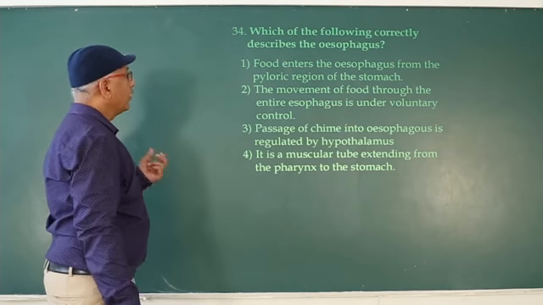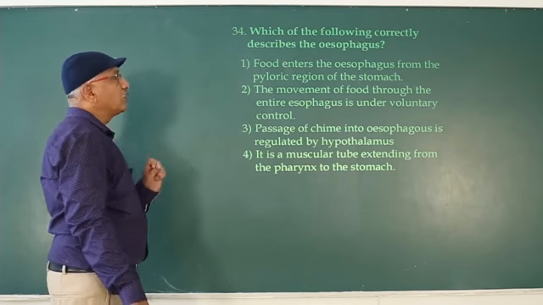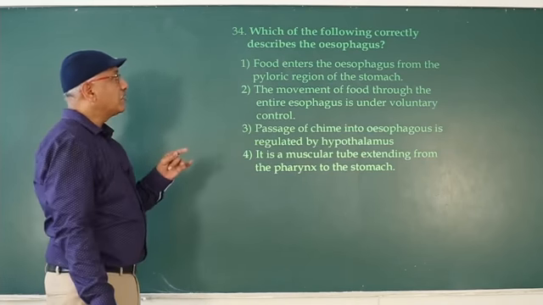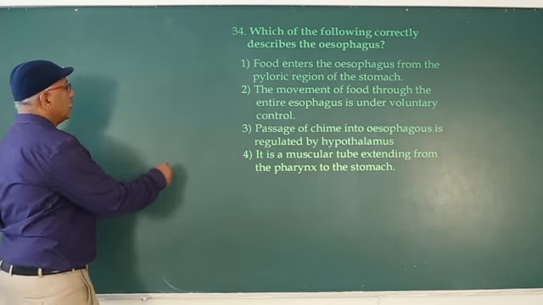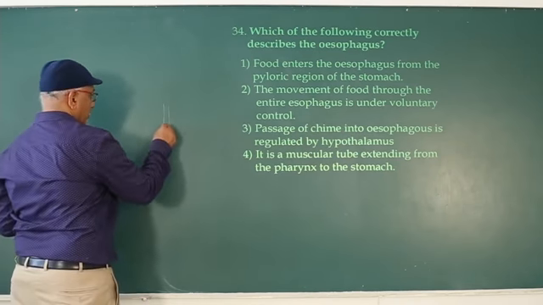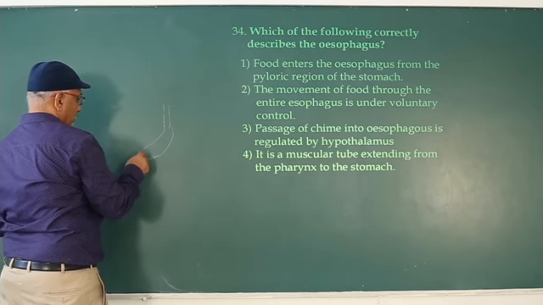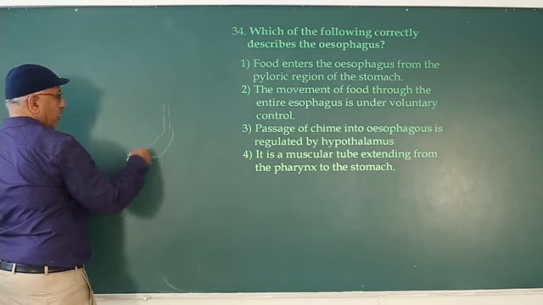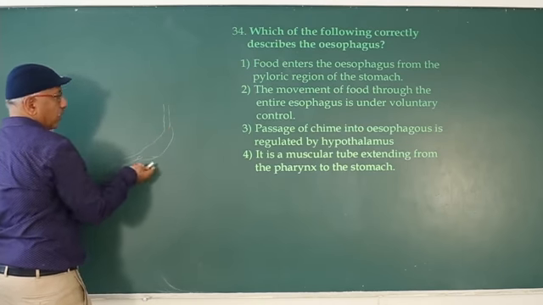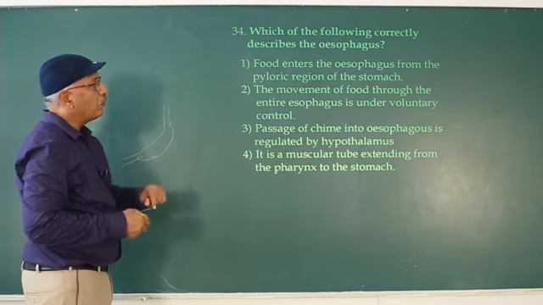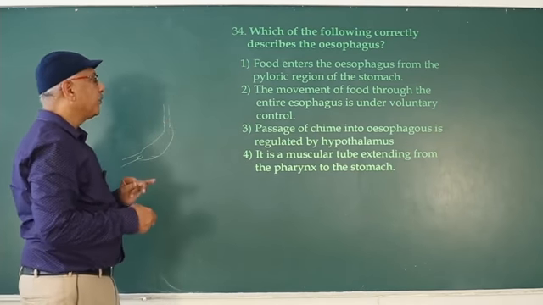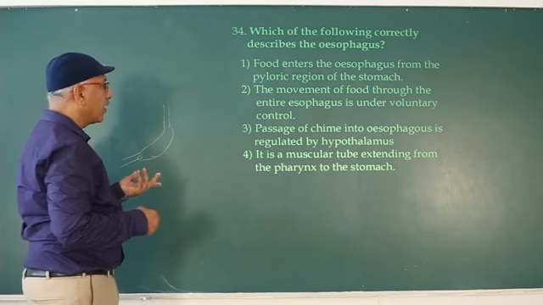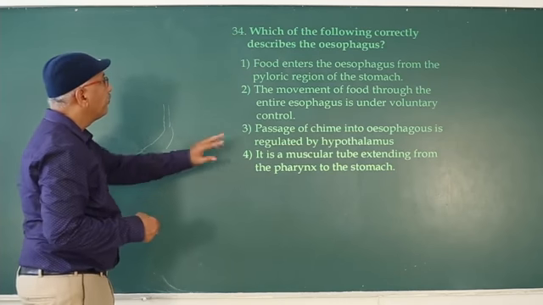Which of the following correctly describes the esophagus? Food enters the esophagus from the pyloric region of the stomach. Wrong. The movement of food through the entire esophagus is under voluntary control. Wrong.